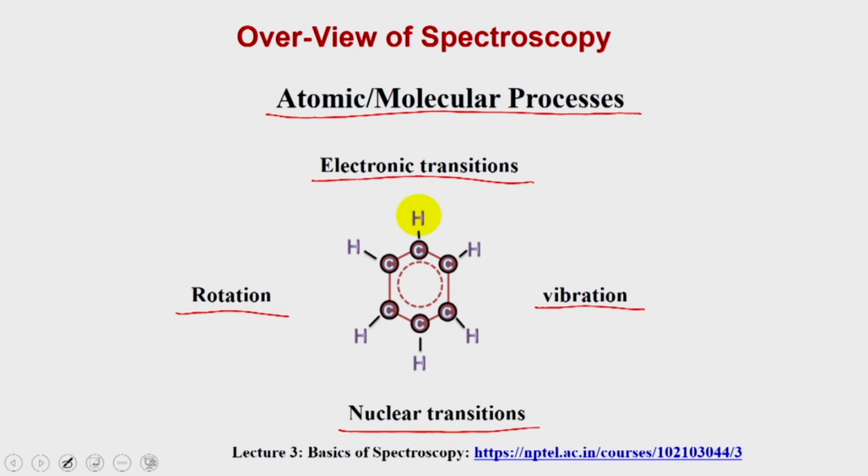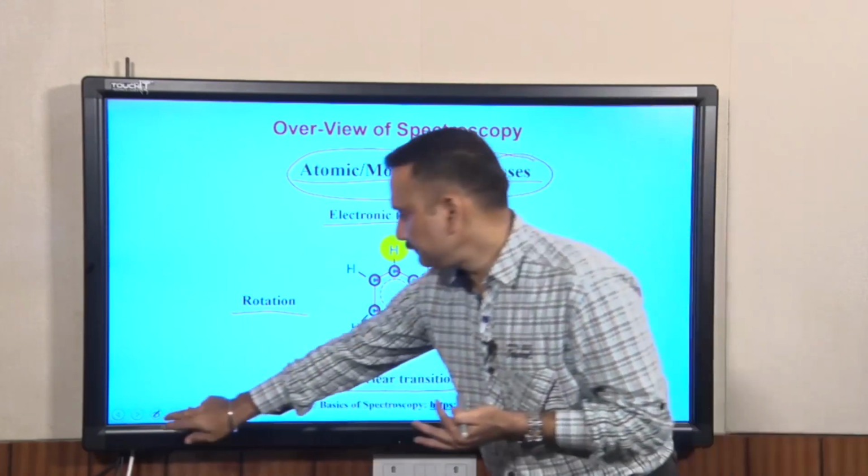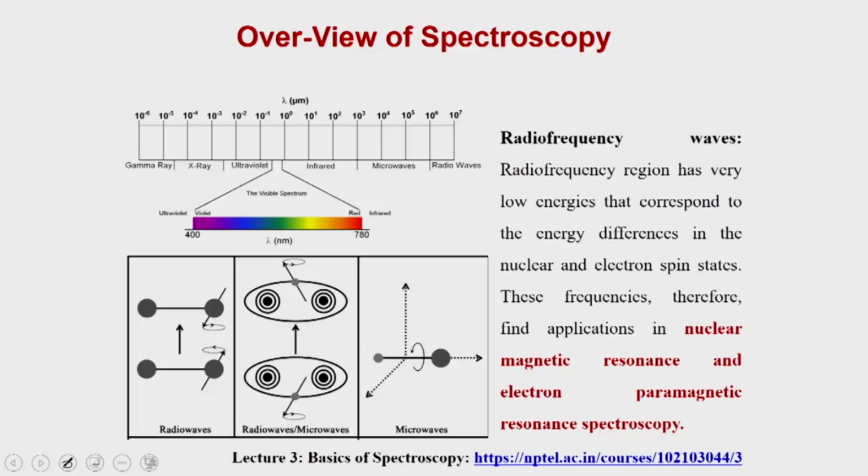What are these phenomena or processes, and how can you map the electronic transitions, rotations, nuclear transitions or vibrations using the different parts of the electromagnetic radiation? So, first let us see that this is the electromagnetic radiation, this is the visible spectrum, and these are the radio waves, microwaves, infrared, ultraviolet, X-rays and gamma rays.